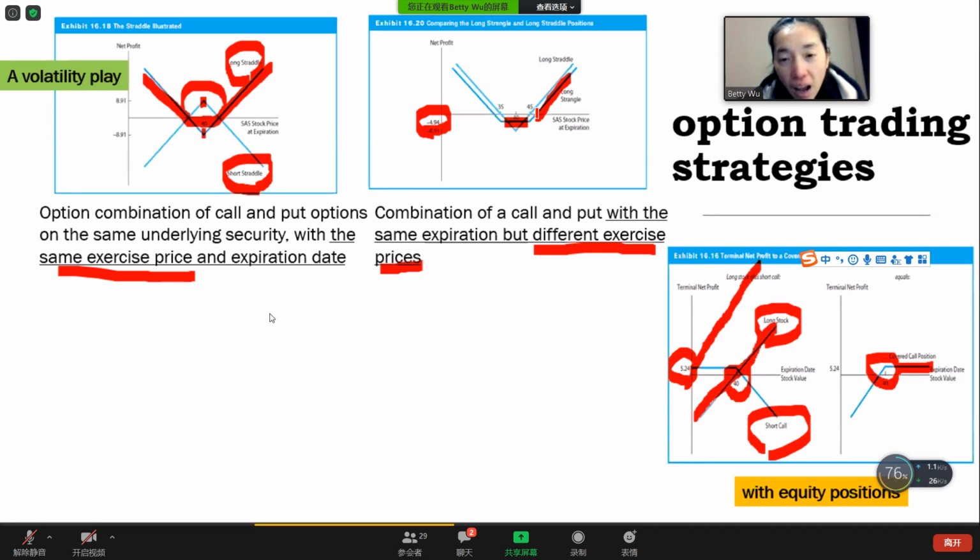But for long strangle, the movements need to be even bigger so that they can start making a profit. A typical question will be, to what extent? So you need to calculate this break-even price, and also this break-even price.